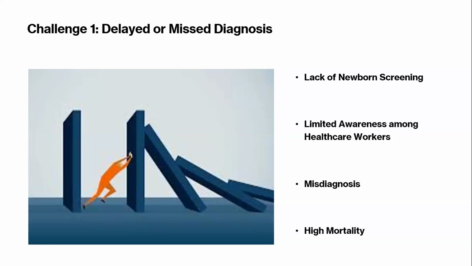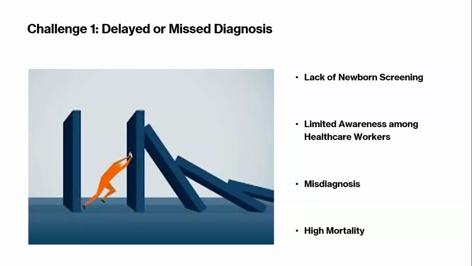but this is more visible for girls. For boys, it's unfortunate that these signs may not be known, because girls present with ambiguous genitalia, but boys do not. So it's difficult to say, okay, this boy has CAH. They'll just go out of the hospital without any diagnosis.